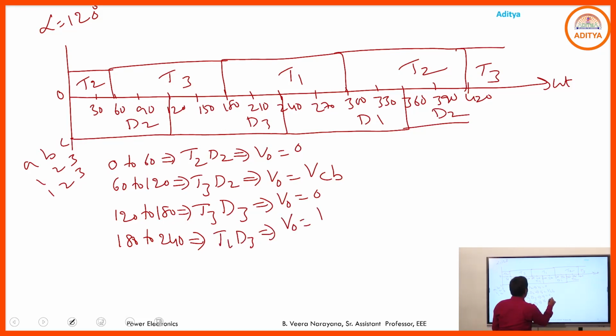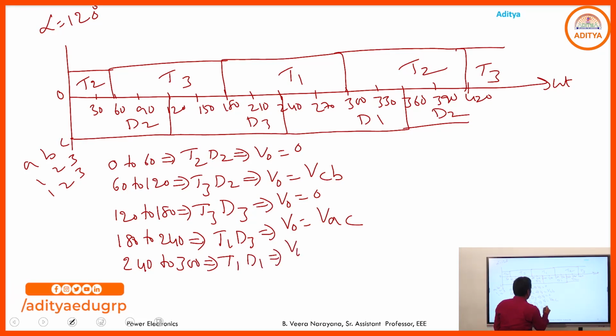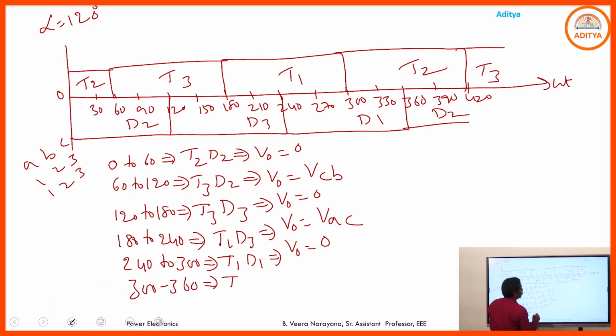V0 is equal to VAC. 240 to 300, T1, D1. Output voltage is 0. 300 to 360, T2, D1. Then V0 is equal to VBA.